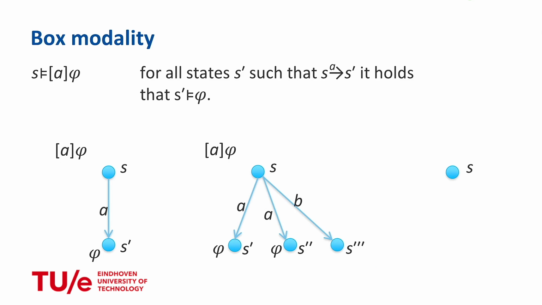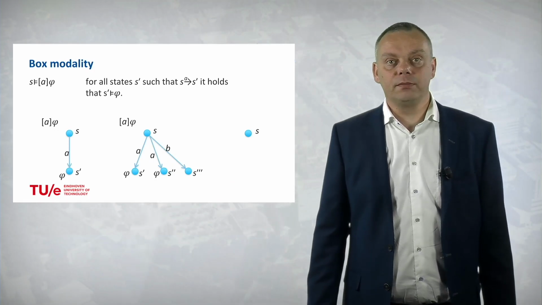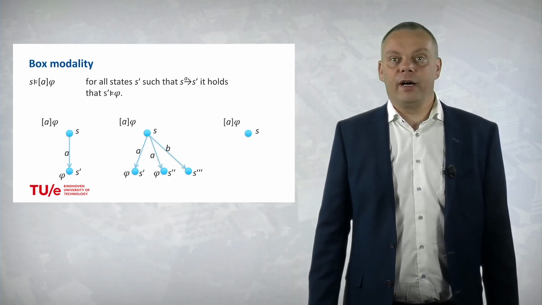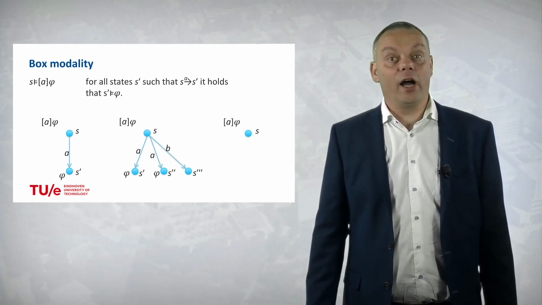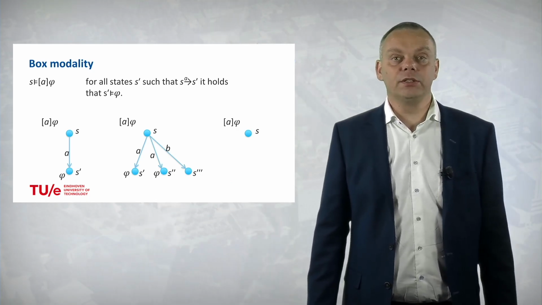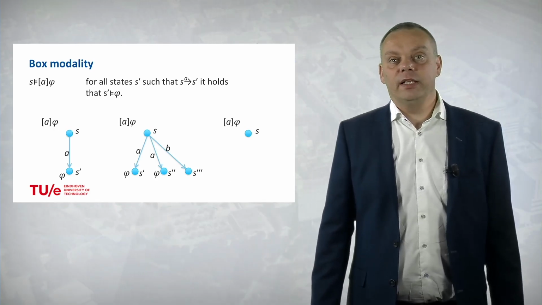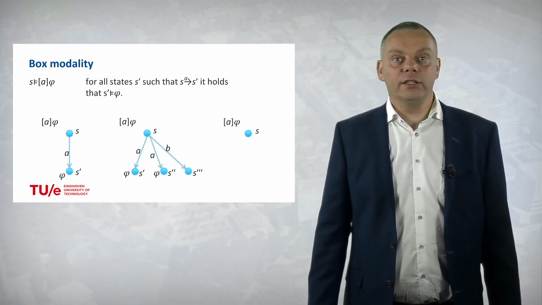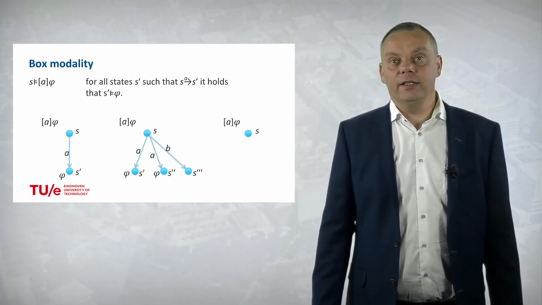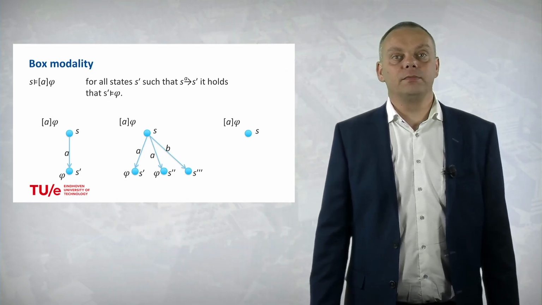If I have only a single state without any outgoing A transitions, then box A phi is valid. Namely, for all outgoing A transitions, and there are no outgoing A transitions, phi holds at the end. And you can see that independent of how phi looks, this formula is always valid for any transition system, of any state without outgoing A's.